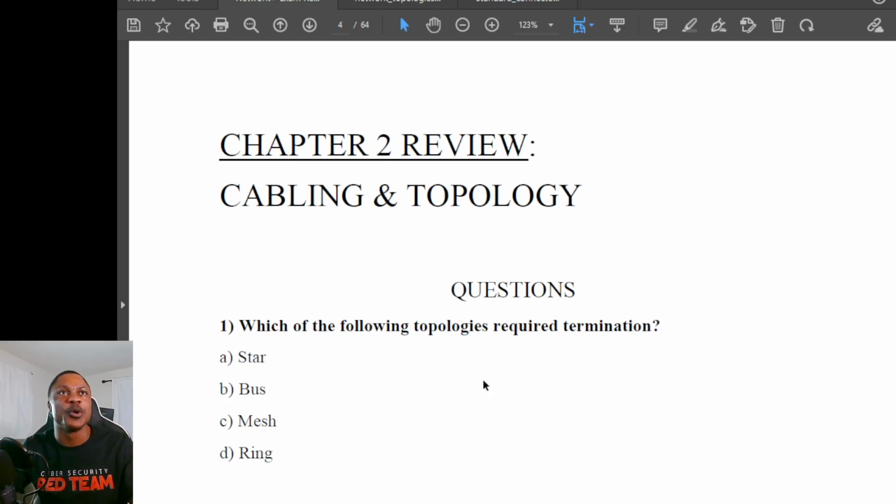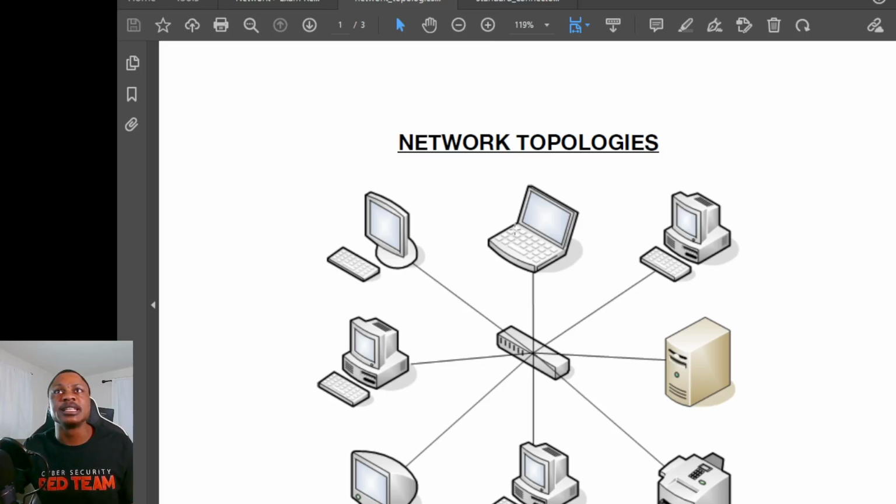If you're a beginner studying for the Network Plus exam, terms like star topology, bus topology, mesh, and ring topology might sound new to you. So we couldn't just go over them quickly and say which answer was right. I have this here to help clarify the terminology.